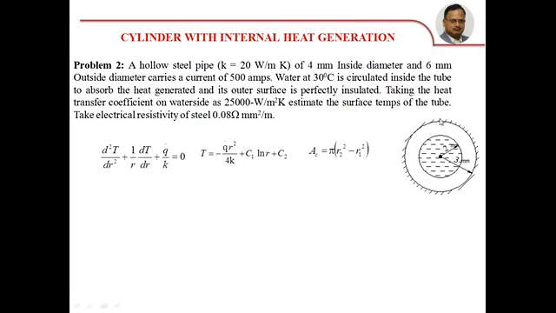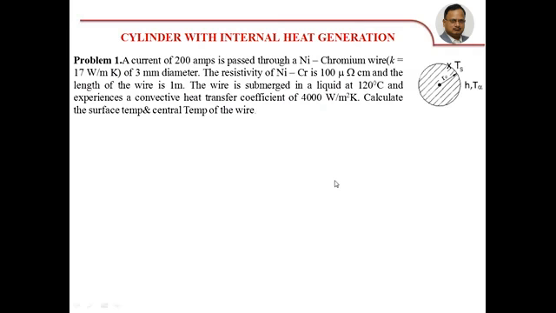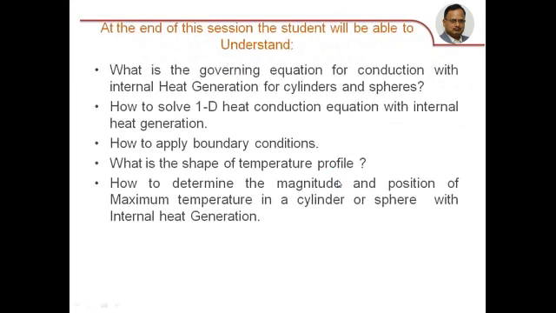Wherever the surface is insulated, heat cannot flow in this direction. The Q value becomes 0. That means dT by dx is 0. Temperature gradient becomes 0, or the temperature reaches its maximum value. So that is what we have to remember.